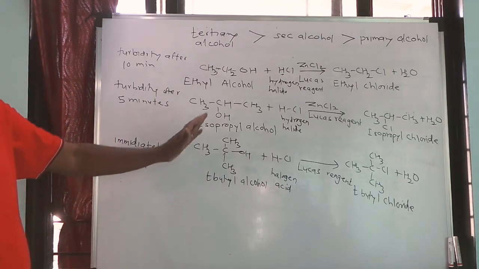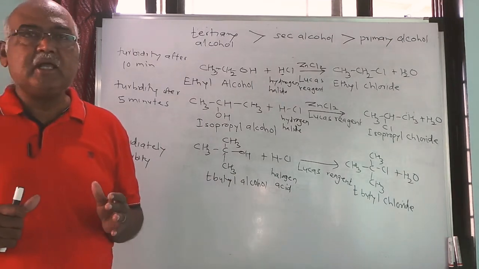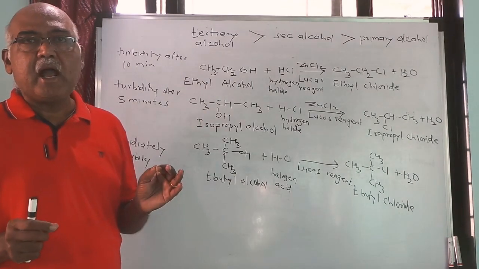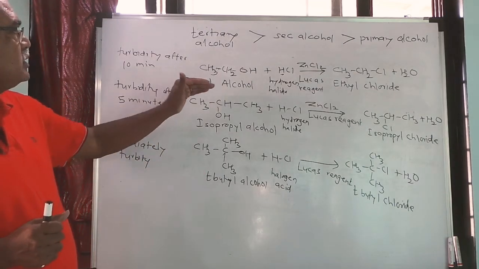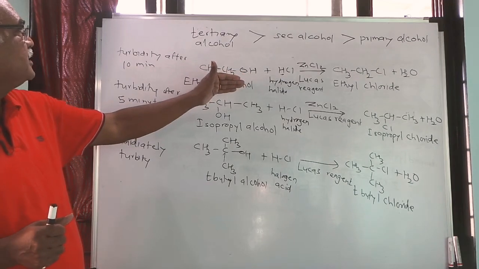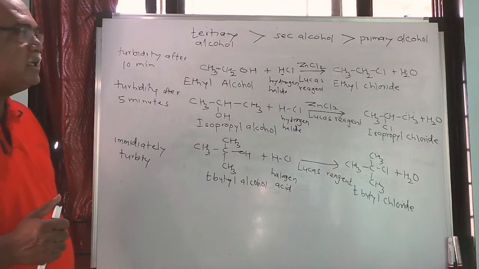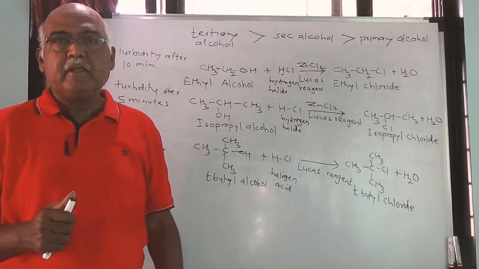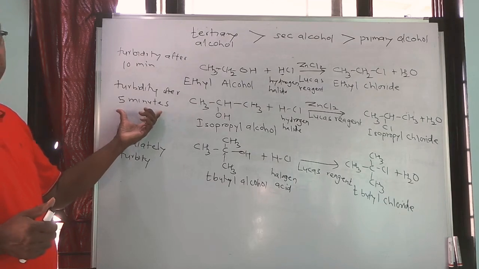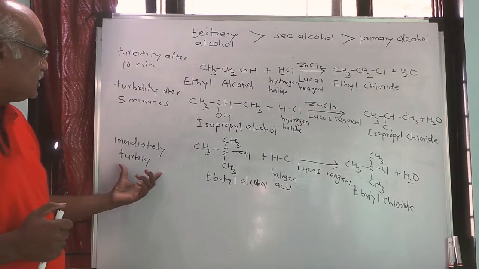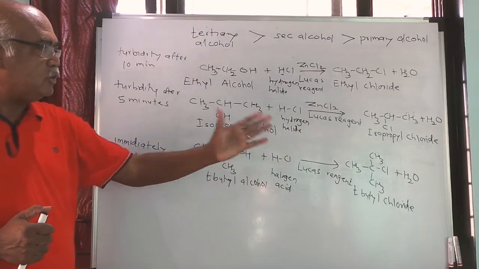So for the distinguishing test we have to use Lucas reagent, and Lucas reagent is nothing but hydrogen halide or halogen acid. Primary alcohols react with these hydrogen halides and it takes a certain amount of time, say for example 10 minutes. The secondary alcohols react in a faster manner and the reaction takes place after 5 minutes. And tertiary alcohols immediately react with these hydrogen halides, and you get the product.